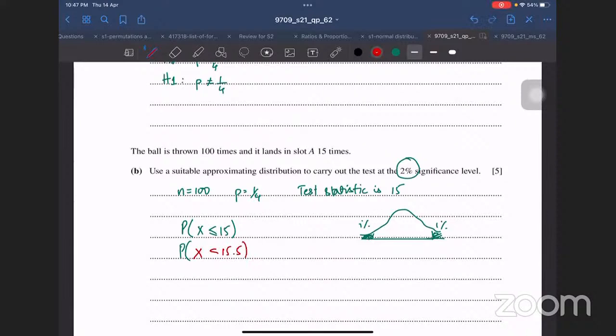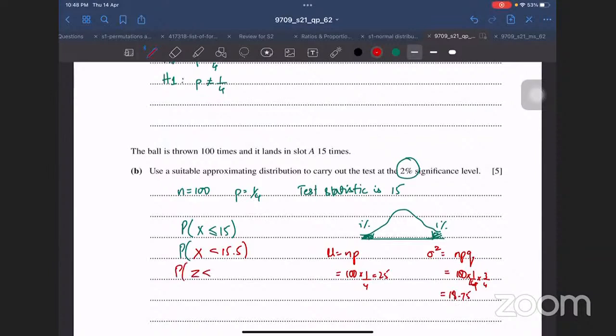I will need mu, which is np, which is 100 into 1 over 4, which is 25, and sigma squared, which is npq. So 100 into 1/4 into 3/4, which is 18.75.